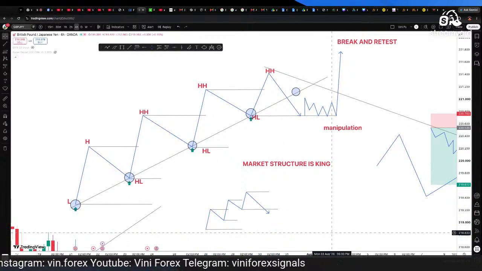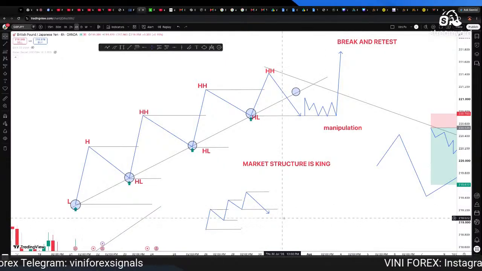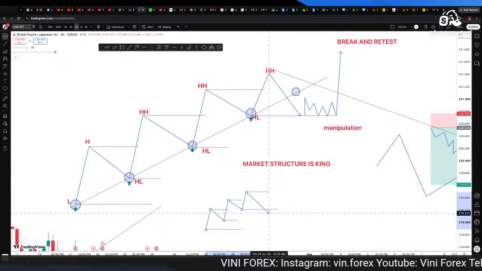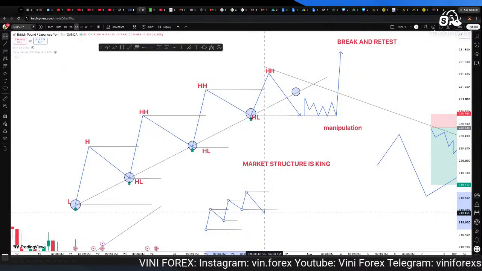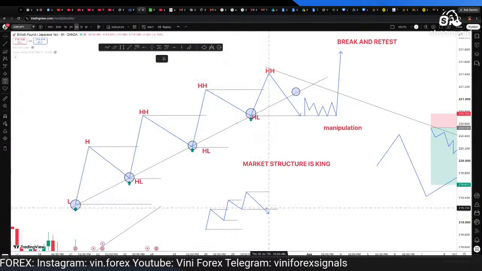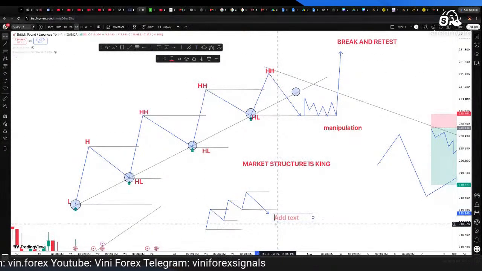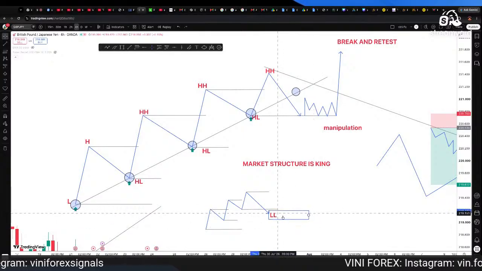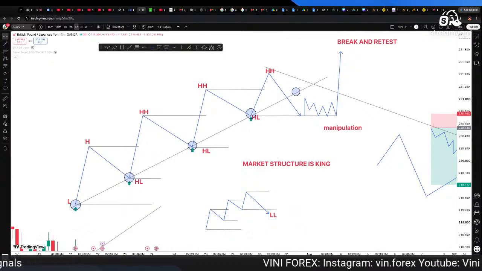A new low is not supposed to close below this previous low, because if it closes below it, it will become a lower low, no longer a higher low. Do you understand?